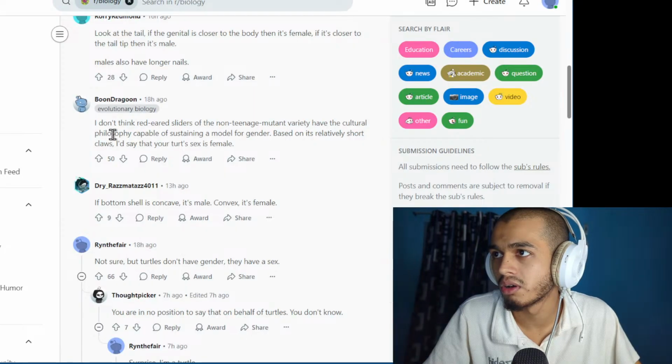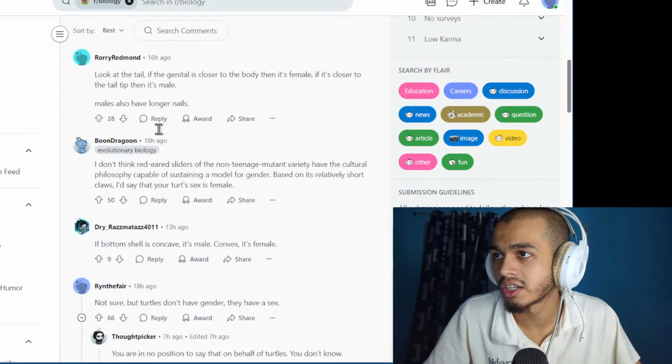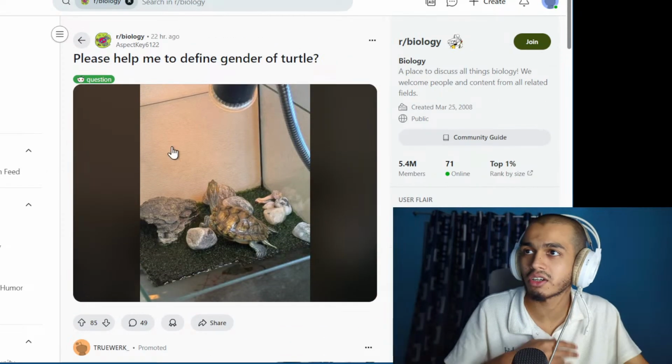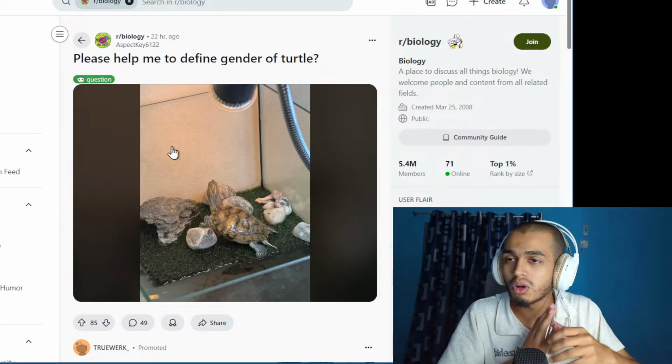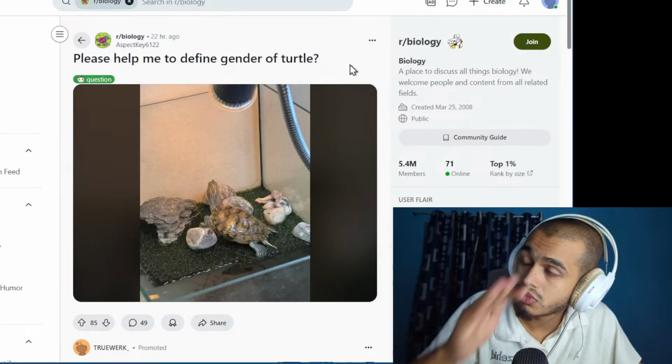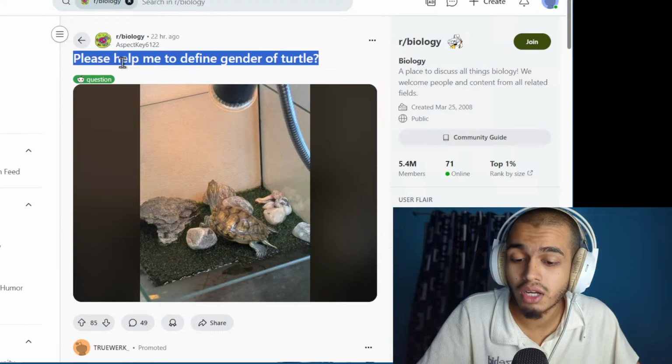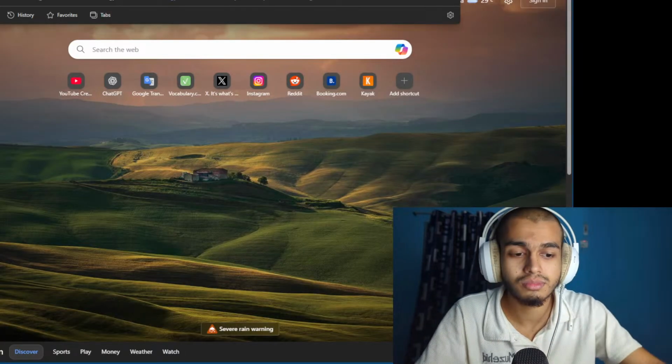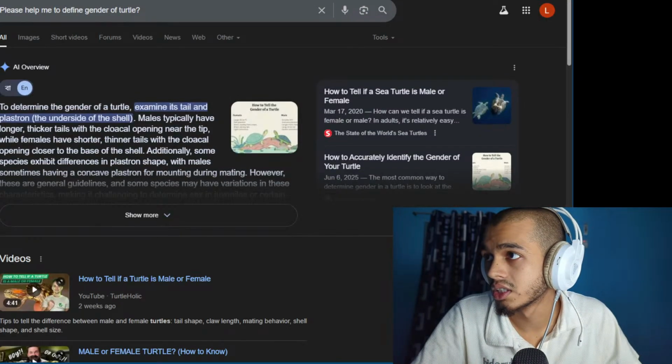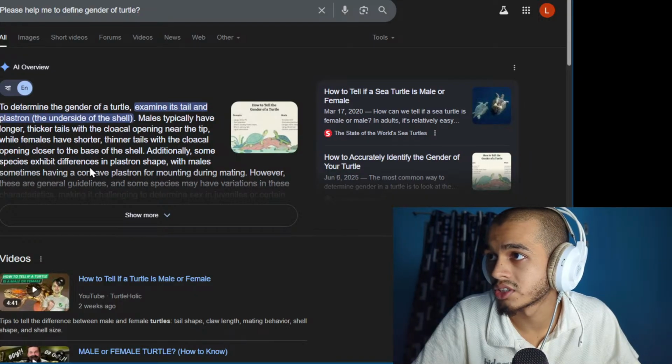Oh, I don't know. I don't think red-eared sliders. I don't know what the gender of turtles is. Okay, man. I need to ask on websites. Examine its tail and plastron, the underside of the shell.